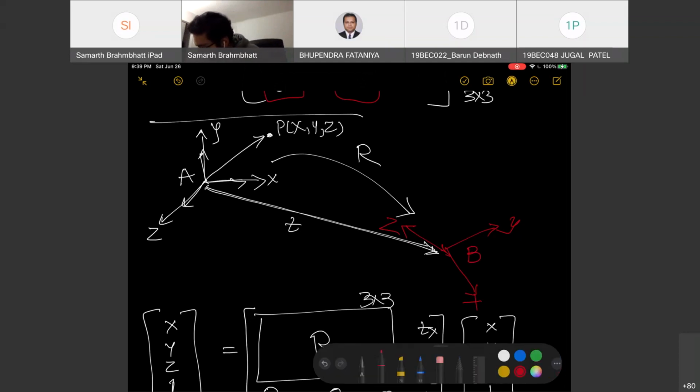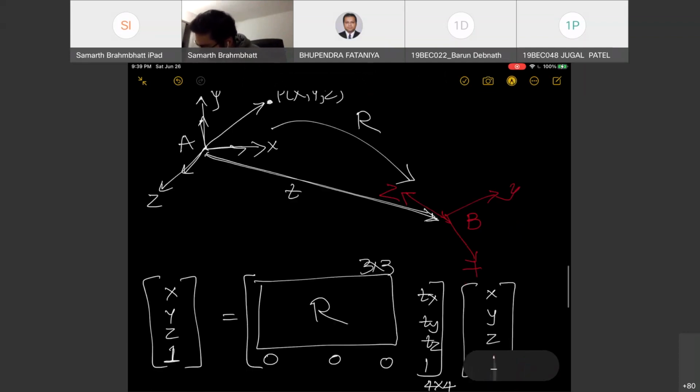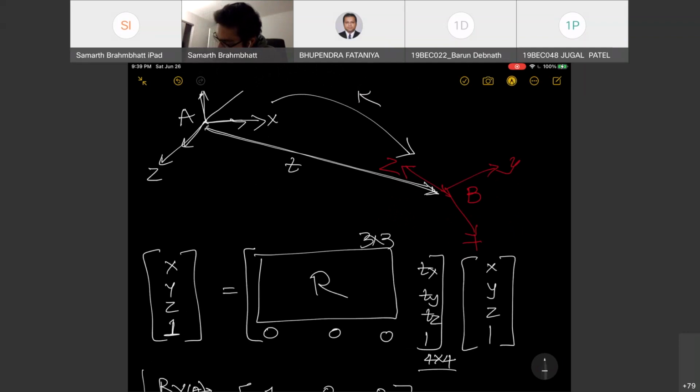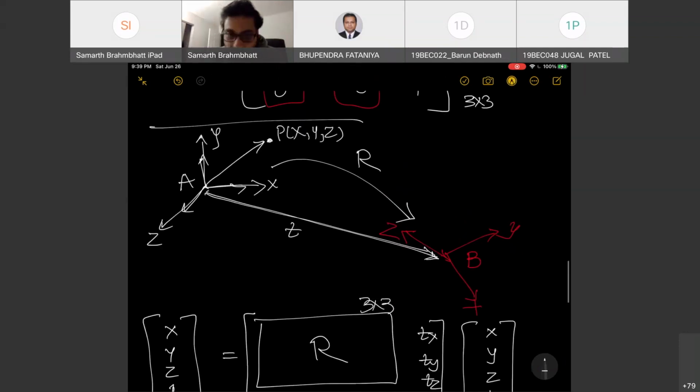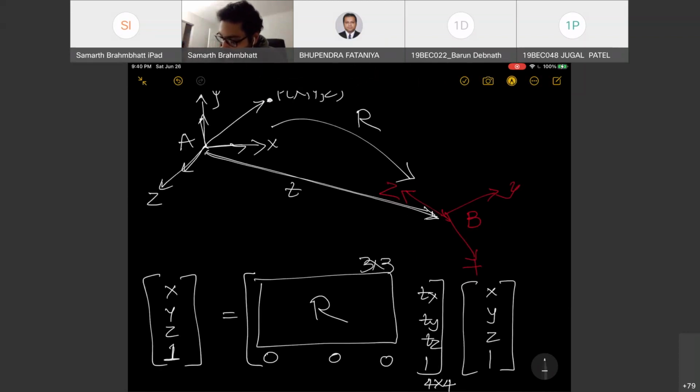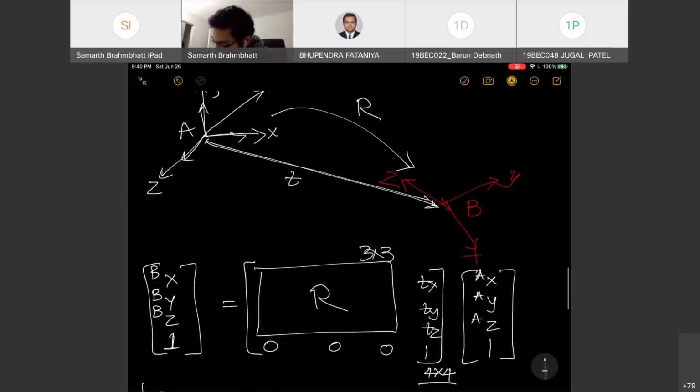So what I'm saying is, whenever every point is with respect to some coordinate system, we should always write the reference coordinate system here like this in the superscript. So that we know it's in the A coordinate system, and similarly this is in the B coordinate system.